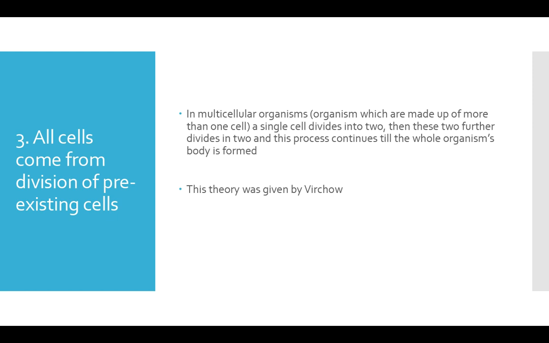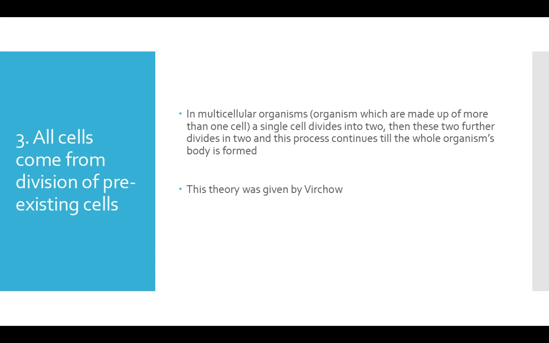Now let's learn about the theory given by Virchow. In a multicellular organism, a single cell divides into two, then these two cells divide into another two cells, and this process continues until the whole body of the organism is made. That's why all cells come from the division of pre-existing cells.